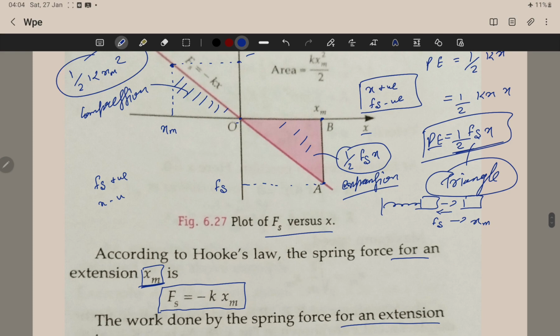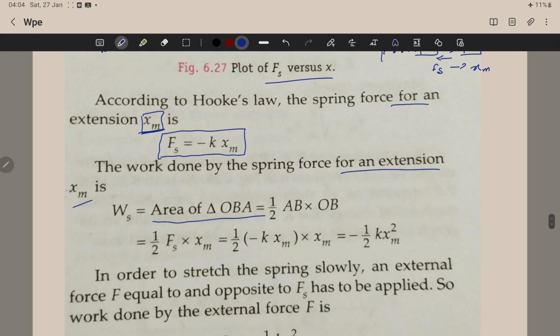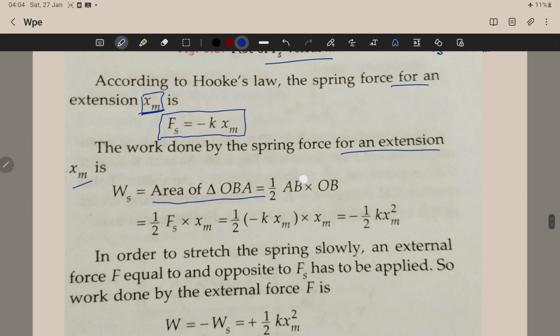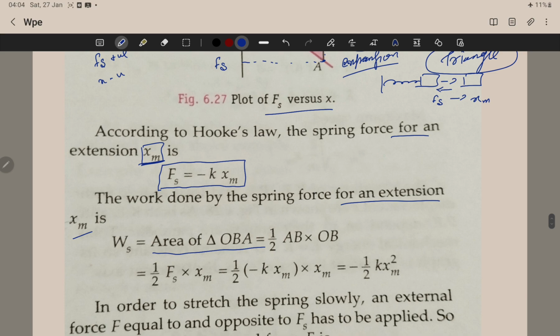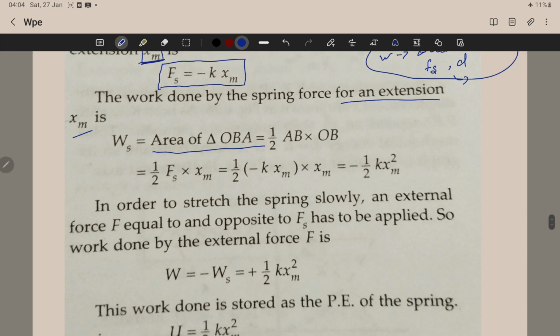I told you that to find the work done by a variable force, the area under the force-displacement curve gives the work done. So we find the area under this force-displacement curve. It becomes half into Fs into xm, and putting the value of Fs as minus kxm, this becomes minus half kxm square. This is our work done.